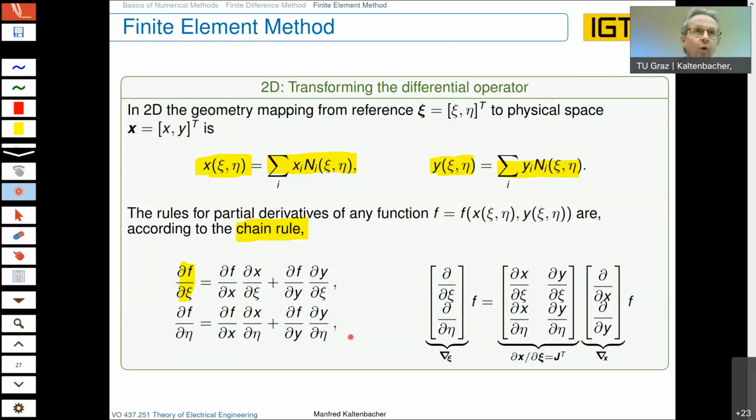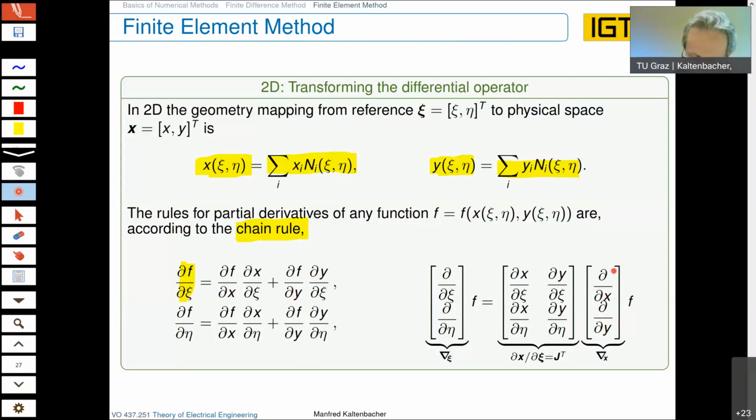And the same is when you do the derivative with respect to eta, you have a similar term. Now, you can rewrite this as an equation with a matrix as shown here. So we have here the derivative of f with respect to psi and f with respect to eta. This is just written now as a vector. Here, we take all the derivatives of x and y with respect to psi and eta in this matrix and multiply it with the derivatives of f with respect to x and f with respect to y.